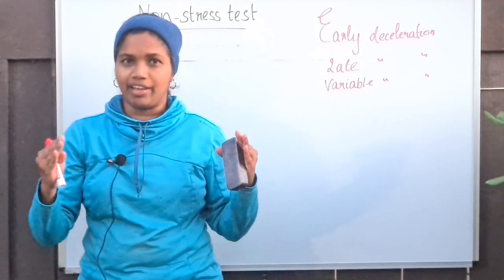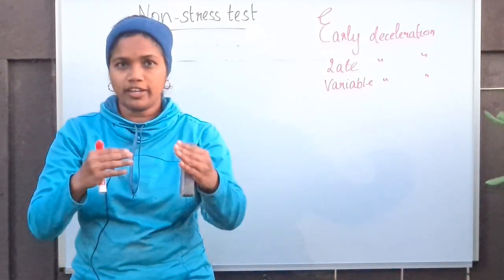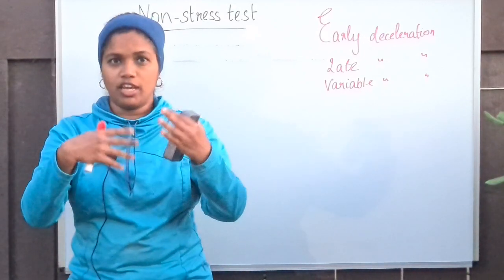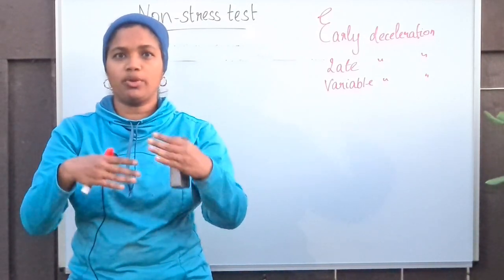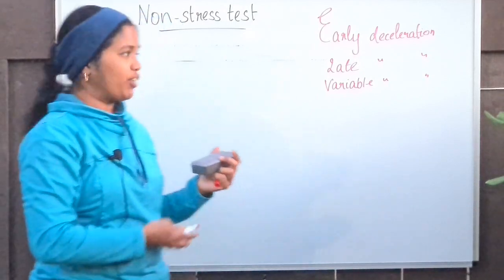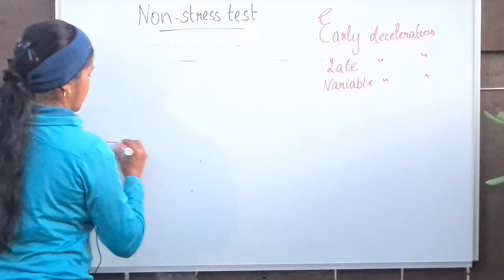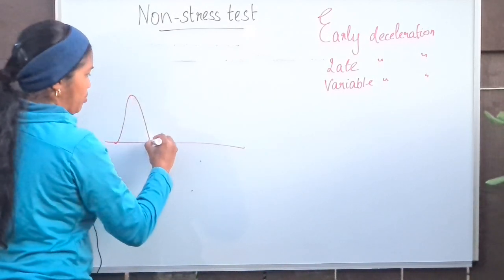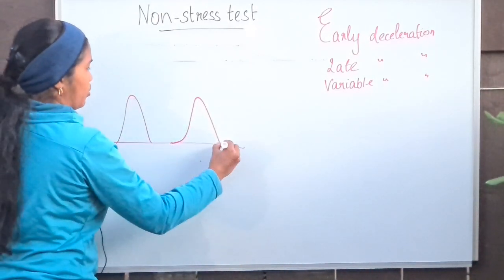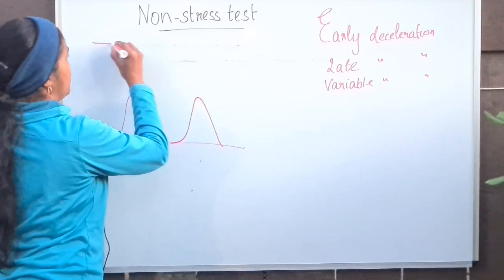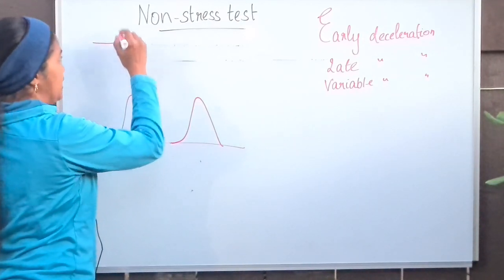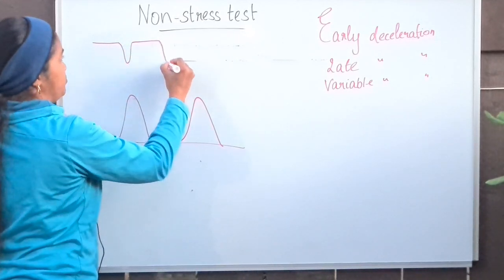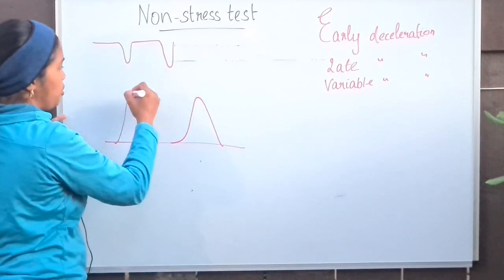In that graph there will be a correlation: both uterine contraction as well as the fetal heart rate will be monitored simultaneously so as to find the relation between uterine contraction and fetal heart rate.